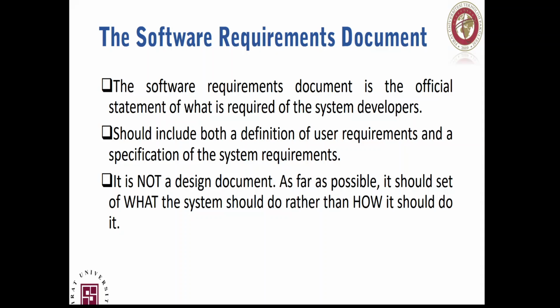Because this kind of document is not provided for design or development solutions. Rather, it lists all the requirements for the user and the system, so that the developers and the customers agree upon them. So what the system is supposed to do should be provided there, but not how.